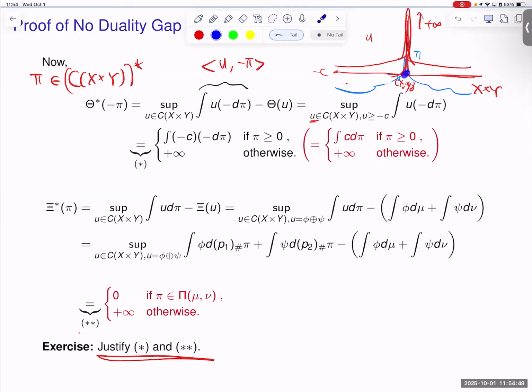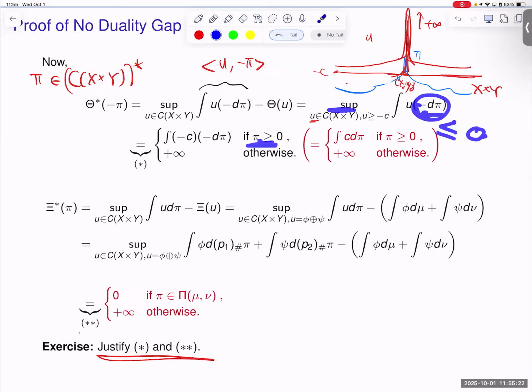So you just make the test function u concentrated on this particular point where pi is negative, and maybe this is not that easy because it requires some analysis, but you make this test function u very large, then you can make this supremum go to infinity.